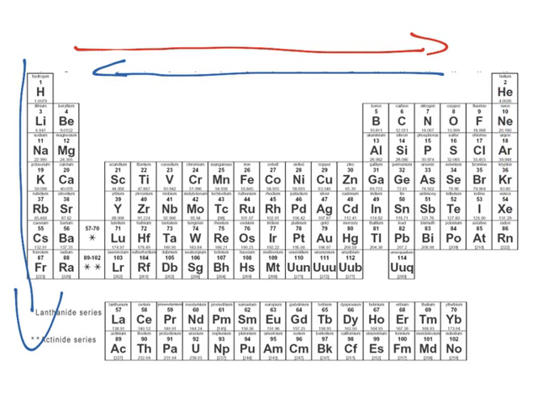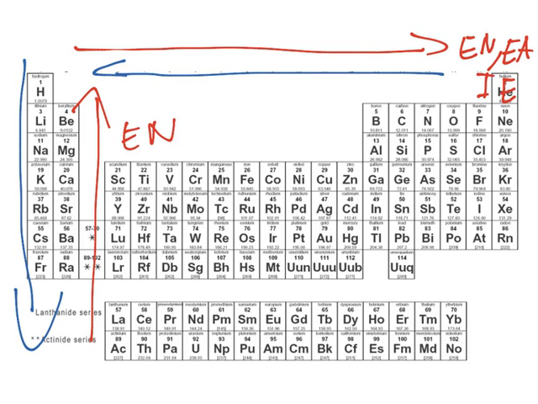Alright, let's stick with one side. Red means electronegativity, EN, electron affinity, EA, and ionization energy, IE. And blue means atomic radius and metallic character.